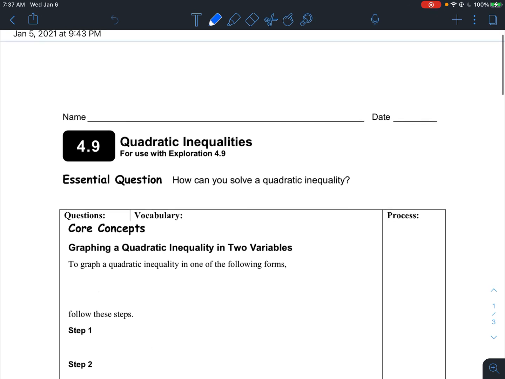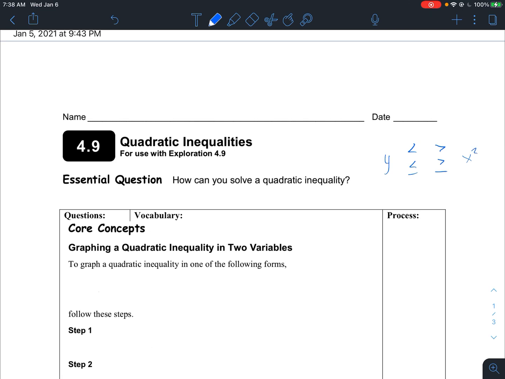So now we're going to talk about quadratic inequalities, and the only difference really between graphing a quadratic and graphing a quadratic inequality is that there's going to be a shaded region. An inequality is where you have a statement with less than or equal to, or greater than or equal to. Usually if it's a quadratic inequality, you'll have one side with y, and then the other side will be in terms of x.